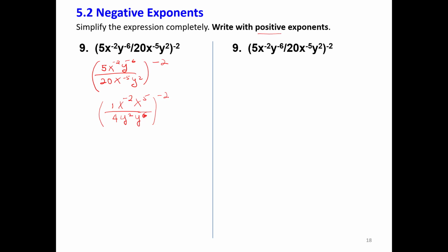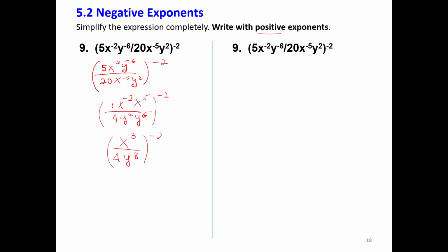Now let's try to simplify the numerator and simplify the denominator first. If we multiply any number by 1, we will get the same number. Then we need here x minus 2 plus 5 is 3. We have 4 here. Y 2 plus 6 is 8.